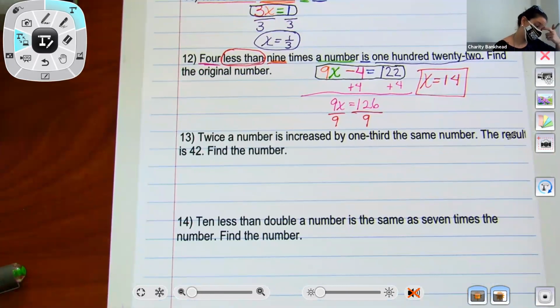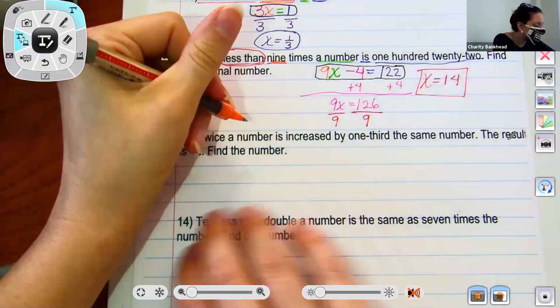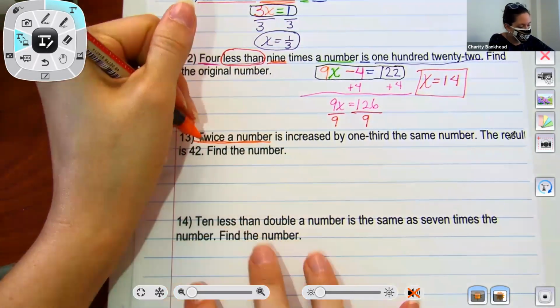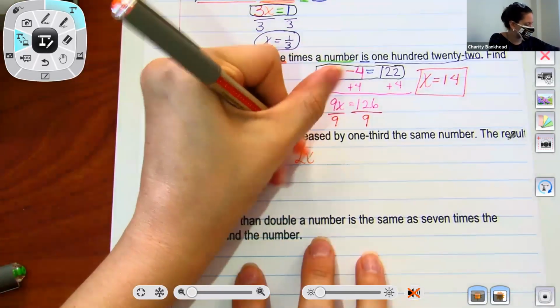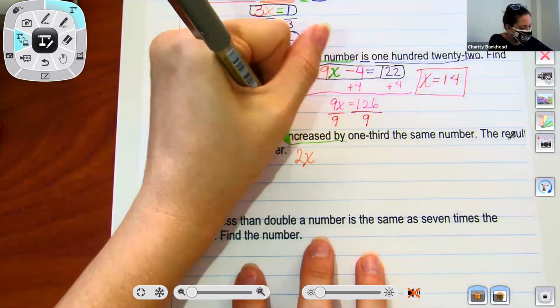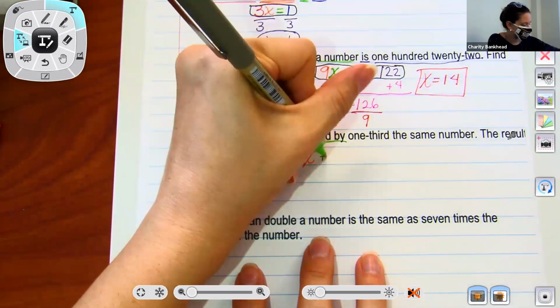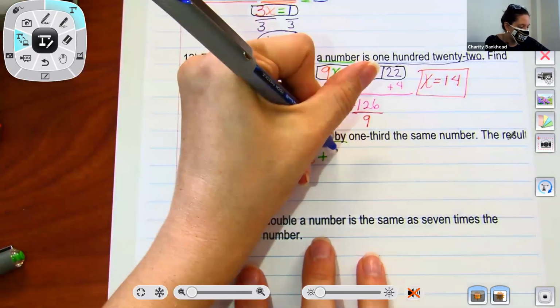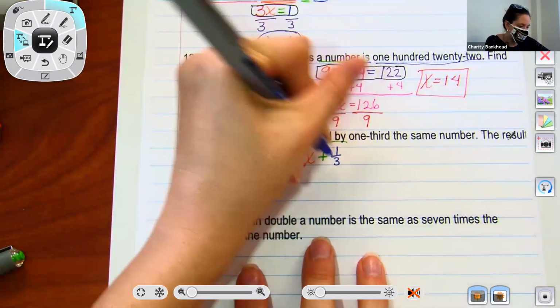Okay. And number 13, twice a number. So that would be 2x is increased by, so that would be plus 1/3 the same number.